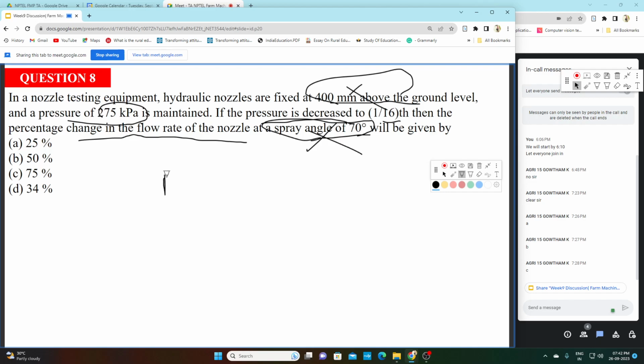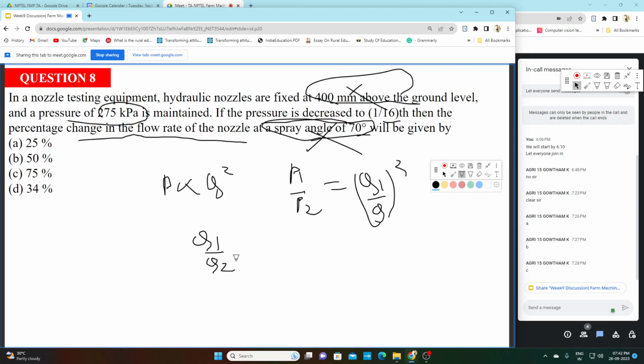We know that pressure is directly proportional to Q square. So P1 by P2 will be equal to (Q1 by Q2) square, or we can write this as Q1 by Q2 equal to square root of P1 by P2.